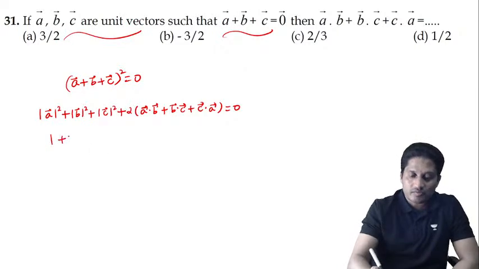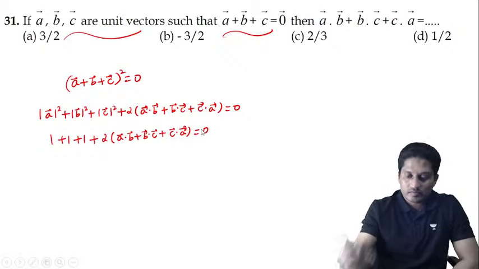So this is 1 plus 1 plus 1 plus 2 into A dot B plus B dot C plus C dot A is equal to 0.